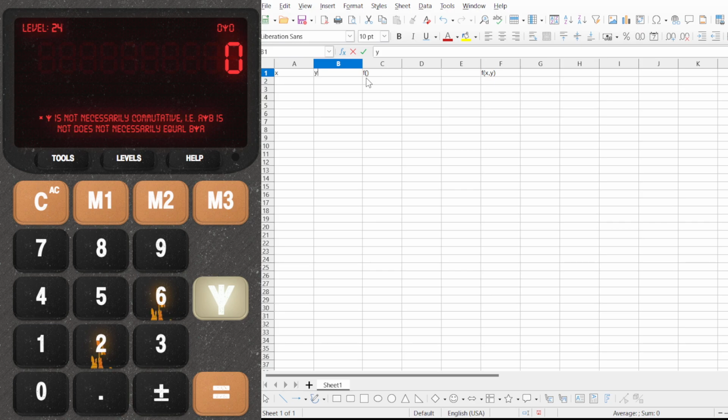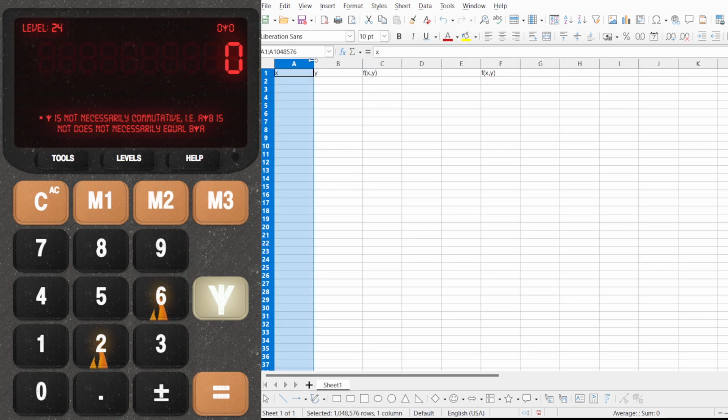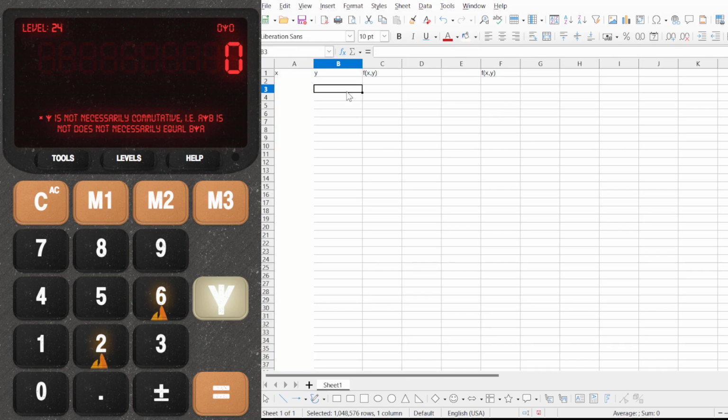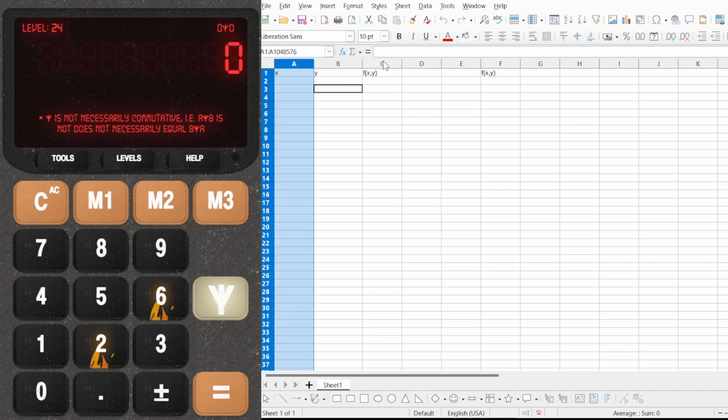I think I made something which is a little weird. F of x, y, with the settings of Libre Office. Also, we're going to color those just so that it's a little easier to distinguish those things. Let's go for this. No, not the best color.